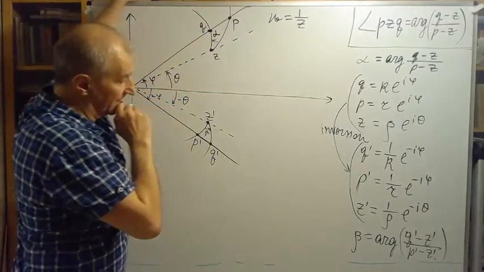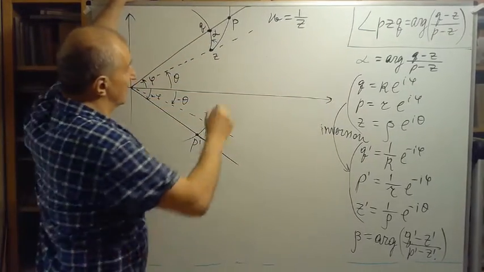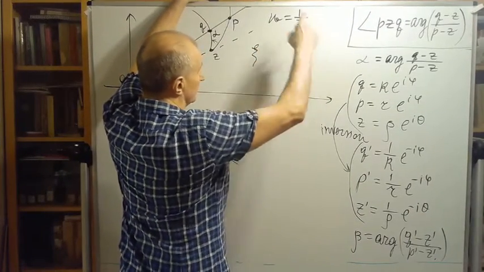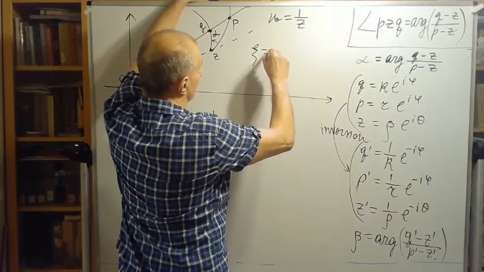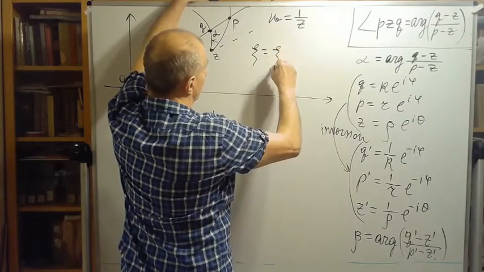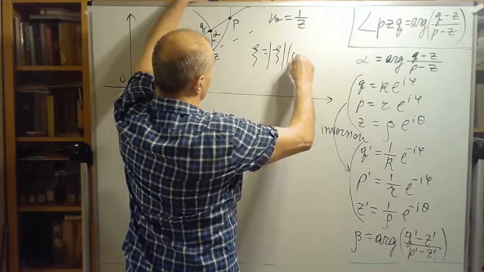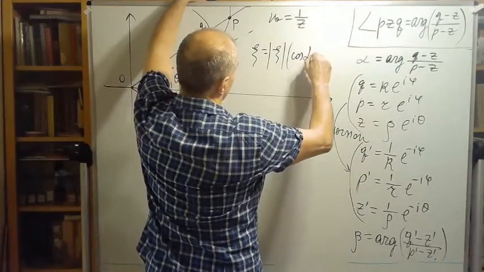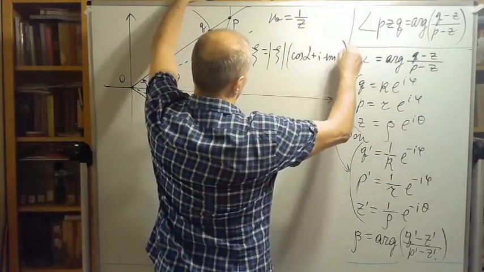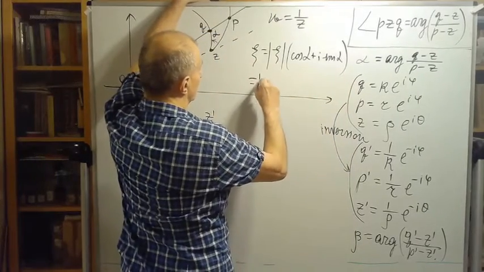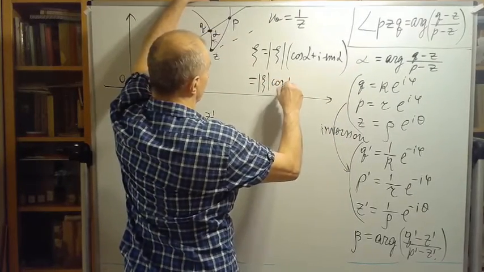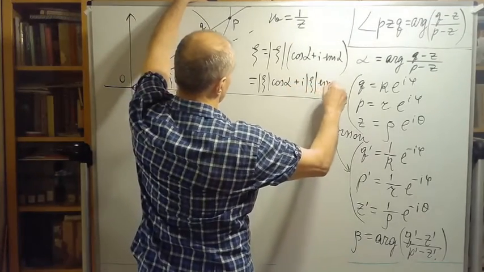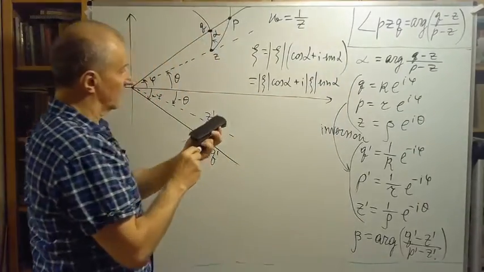And what we are going to do when considering this proof: if I have some complex number psi, not z, not p, just some complex number psi, I can write it as modulus psi multiplied by cosine of its argument, suppose it is alpha, plus I sine alpha. Or it will be modulus psi cosine alpha plus I modulus psi sine alpha. Right?